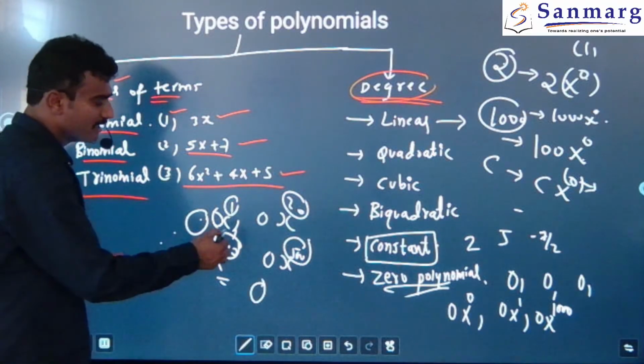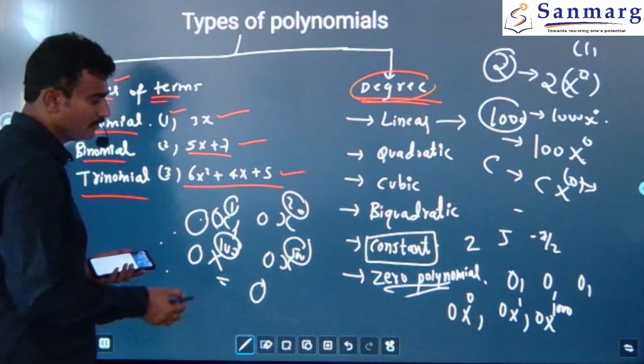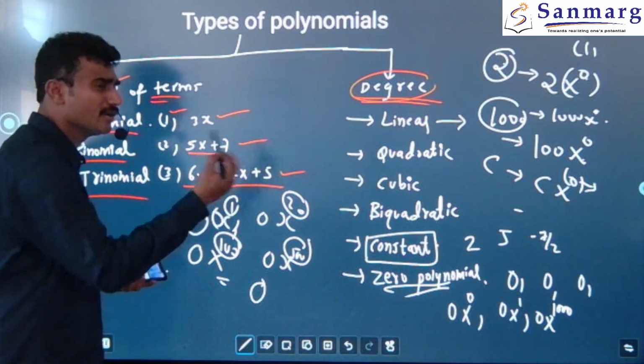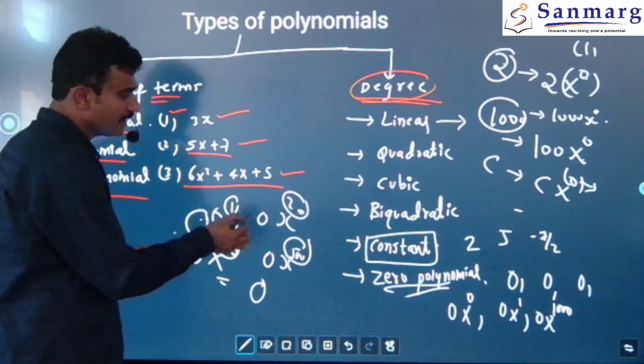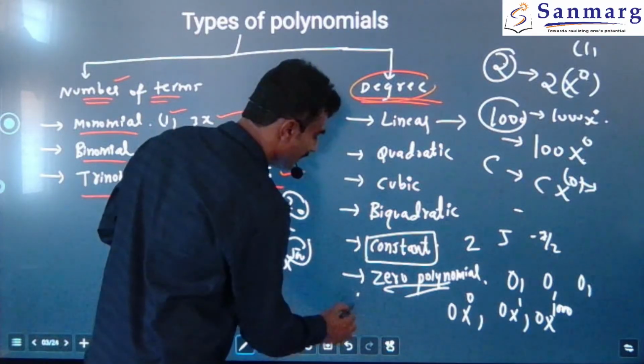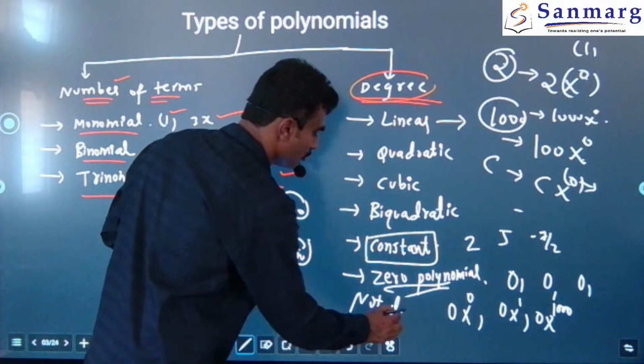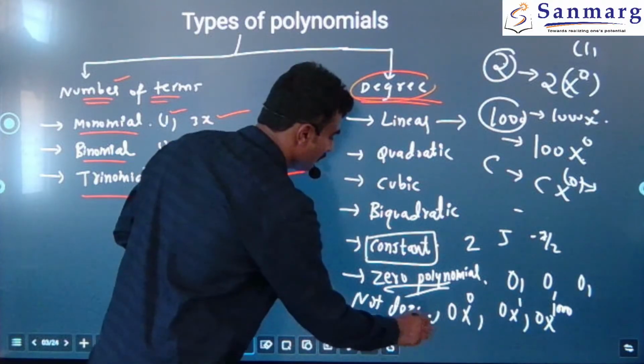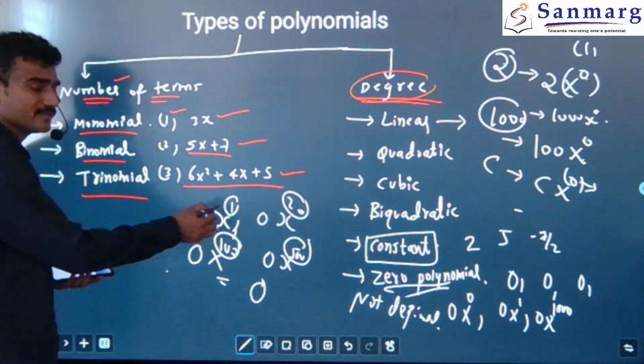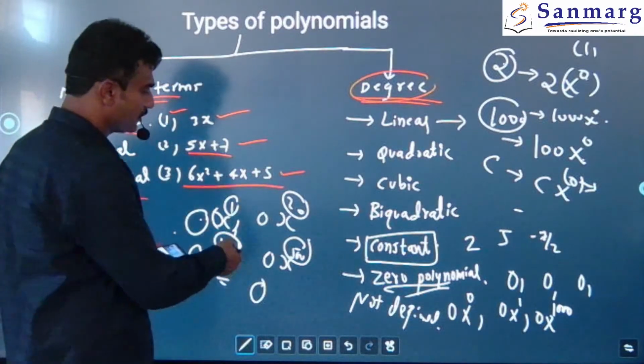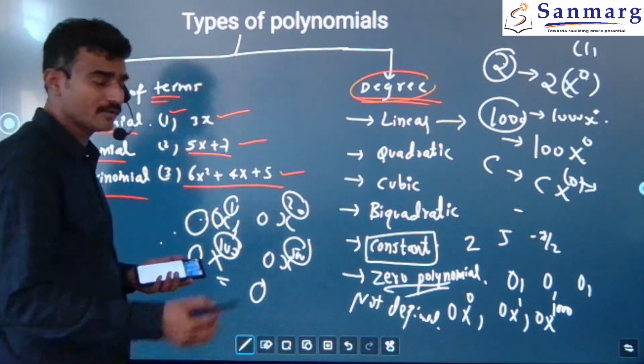Therefore, while writing 0 as a polynomial, we can raise the power of x to any number. Therefore, the degree of a zero polynomial is not defined, because we can write the power of x as any number.